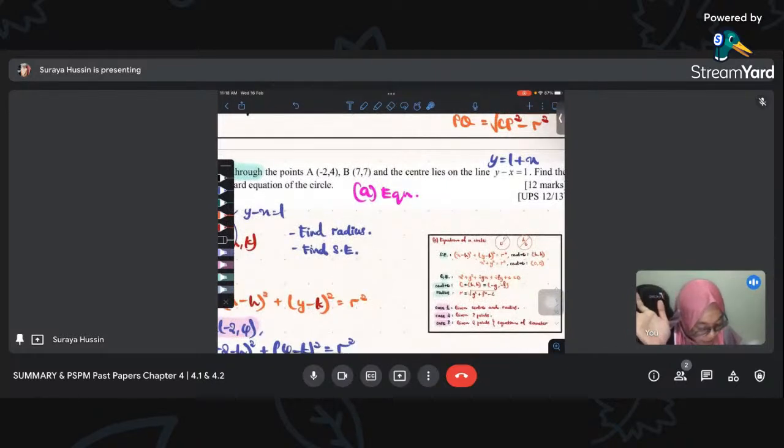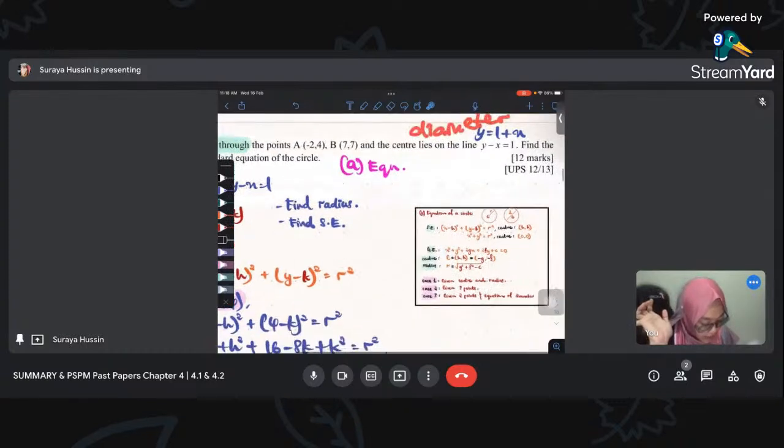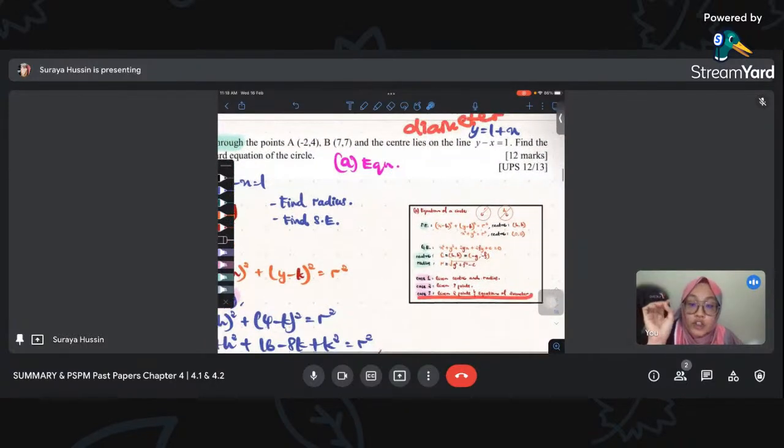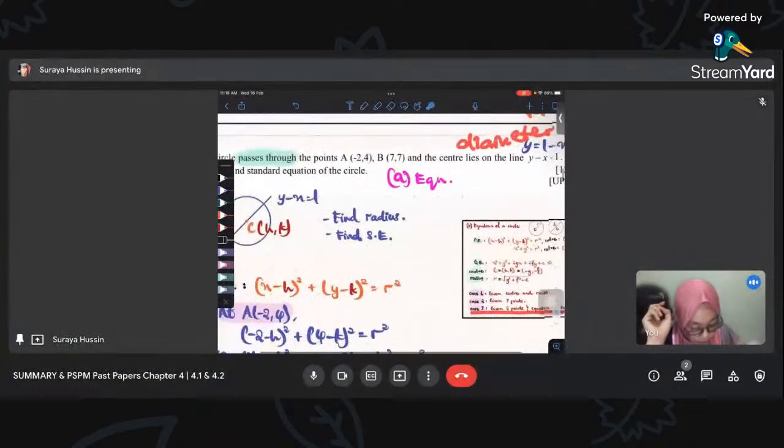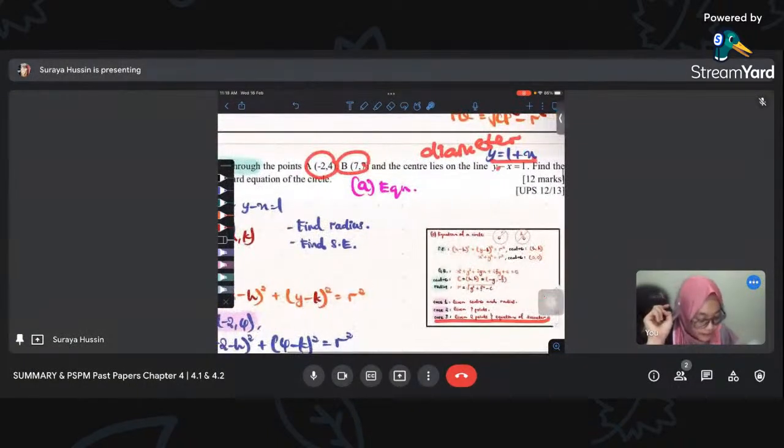The center lies on the line. So this is actually a diameter. Jadi ni case keberapa? Ni case ketiga. We have 2 points and we have a diameter. So bolehlah cari equation of circle.